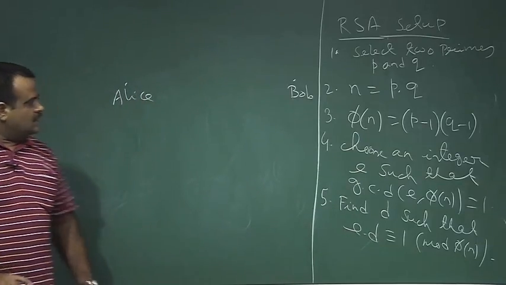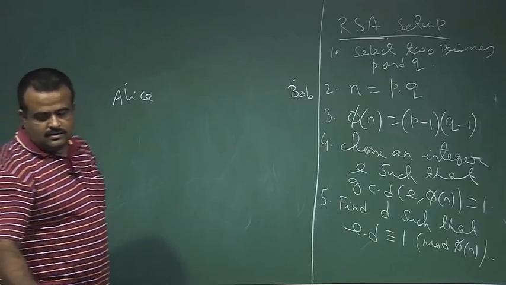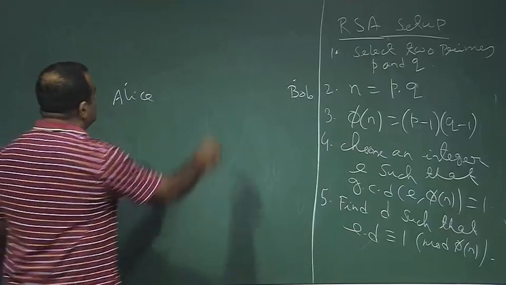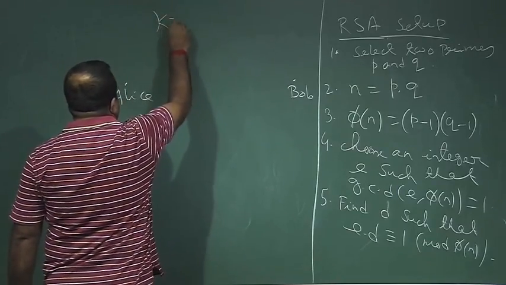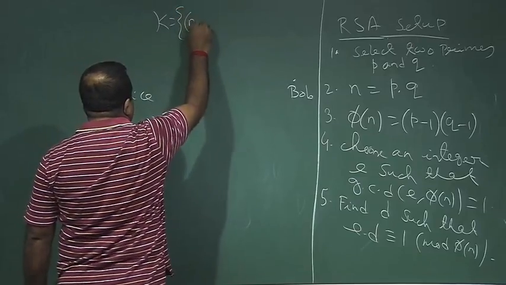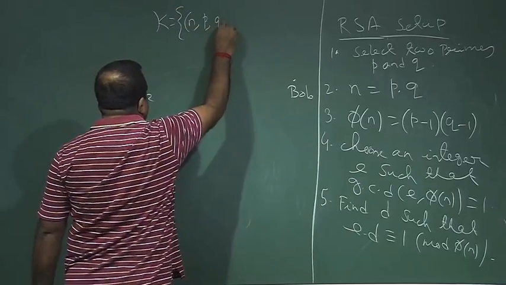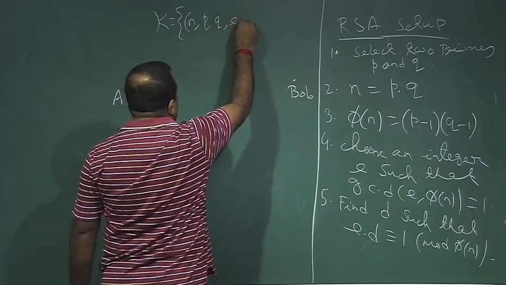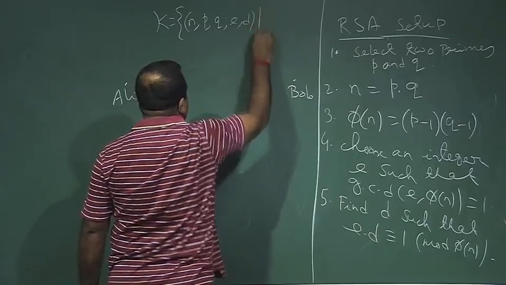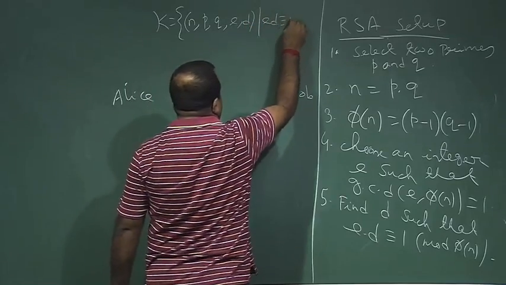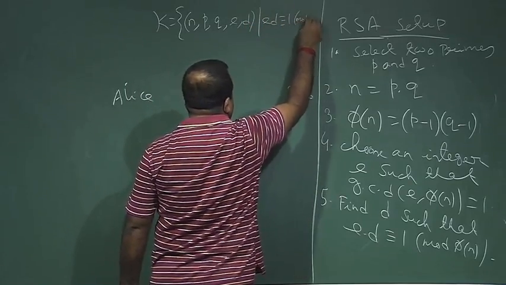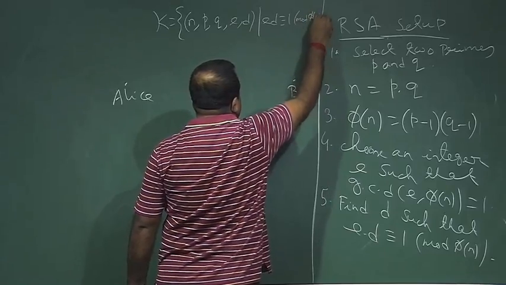Now, what is the key? The key consists of N, P, Q, E, D such that E D is congruent to 1 mod phi N.